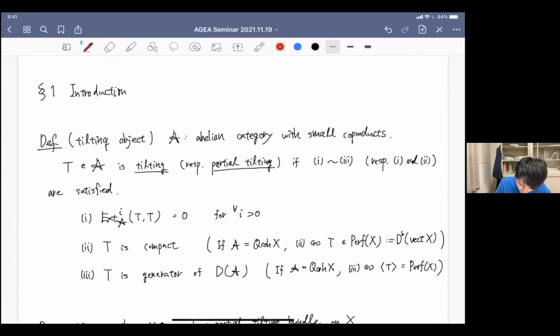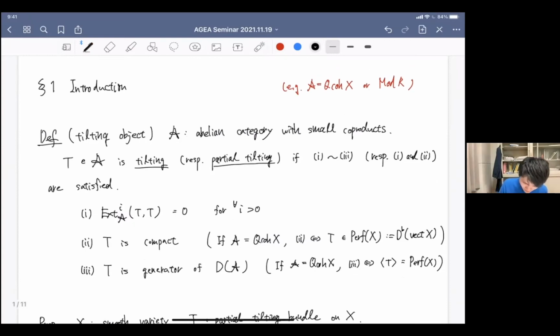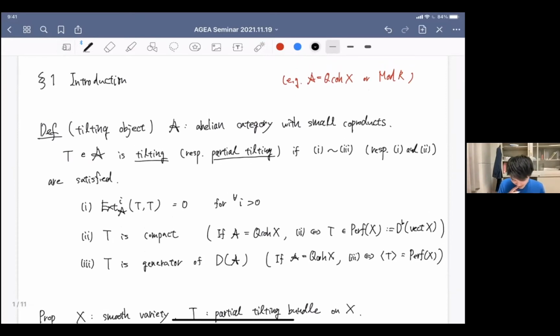For example, A can be taken as quasi-coherent sheaves on some scheme X, or the modules over some ring R. R is not necessarily commutative. Then an object T in A is tilting if the following three conditions are satisfied.